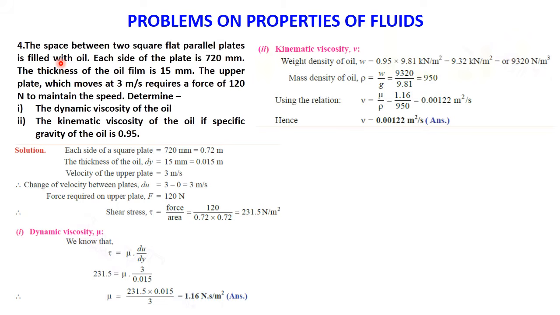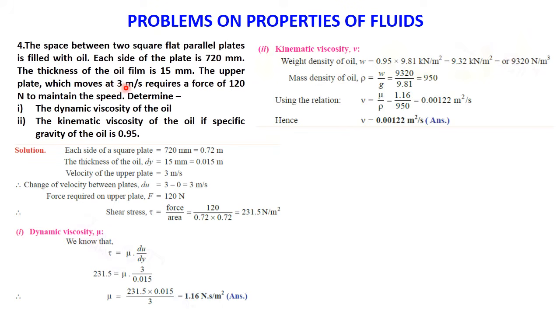Going to the fourth problem, another type of problem based on the calculation of viscosities. We know that there are two types of viscosities, dynamic viscosity and kinematic viscosity, and we are going to see how they are calculated in this problem. The space between two square flat parallel plates is filled with oil. Each side of the plate is 720 mm.